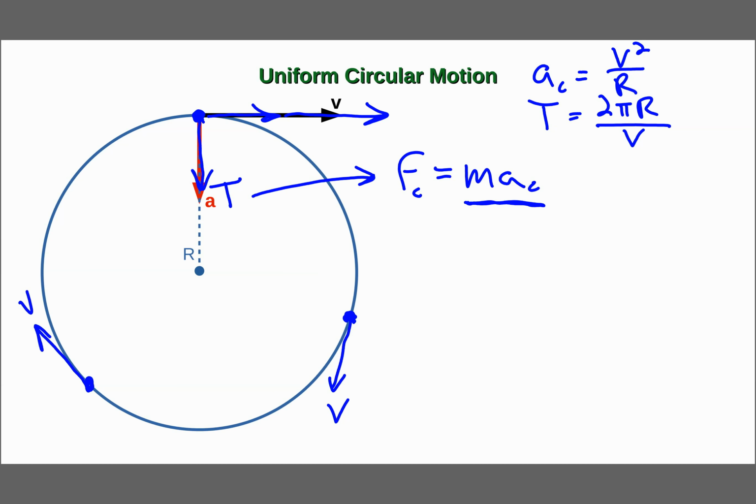The actual force is the string pulling the ball inward, and the velocity is always tangential to the circle. So at any point, if we stop applying that force inward, then the object will have a velocity that doesn't change, and it will continue on whatever velocity it has at the moment that we stop applying that force, okay? And that is this tangential direction.